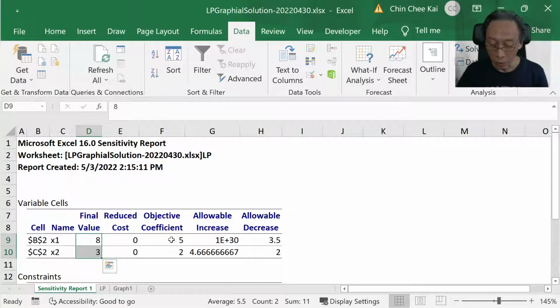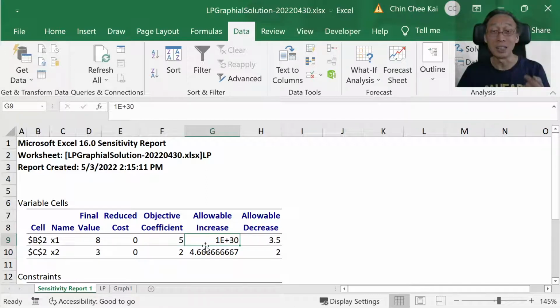According to our analysis just now, C1, which is this 5, cannot be more than infinity. That's Excel's way of saying 10 to the power of 30. And it cannot be less than 1.5 as we found just now. So 5 minus 1.5 is 3.5, and the allowable decrease is 3.5.